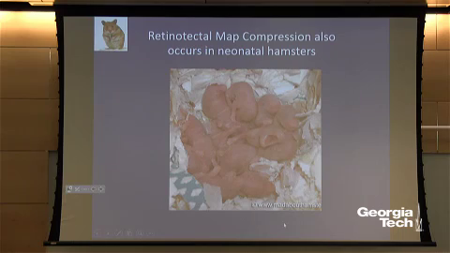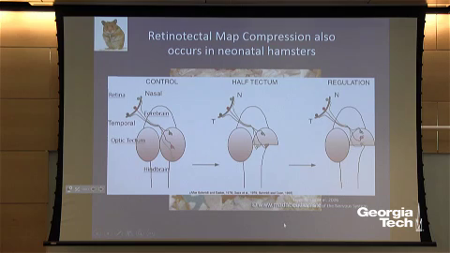And as a result, then, we can get access to the visual projections from the eye before they have made all their connections within the brain. So maybe in this developing system, Barbara Finlay thought we could get this compression to occur, and in fact it does.